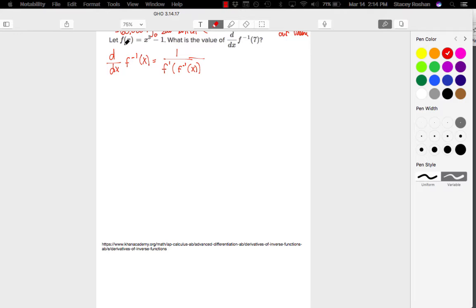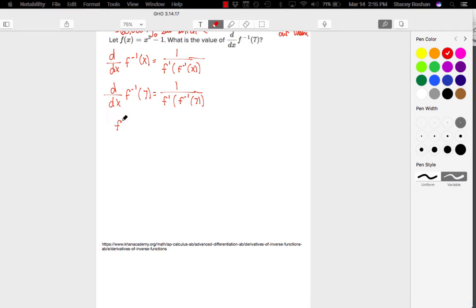If they tell you f of x equals x cubed minus 1, find the value of the derivative of f inverse of 7. So d dx of f inverse of 7 is going to be 1 over f prime of f inverse of 7. We always start in the inside because I want to do f prime of f inverse of 7. In order to do that, I must first find f inverse of 7.